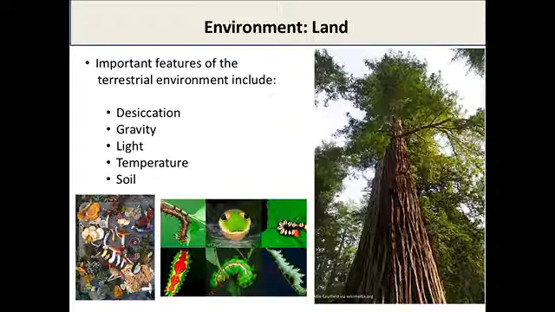Temperature, we'll talk a bit about adaptation to temperature. It's a very different environment on land than it is in the water. And then we're going to talk quite a bit about soil. This is probably going to run into the lecture on Friday. Soil is really, really important. It's straightforward and determines, in addition to these other characteristics, what type of plants can grow in an area.